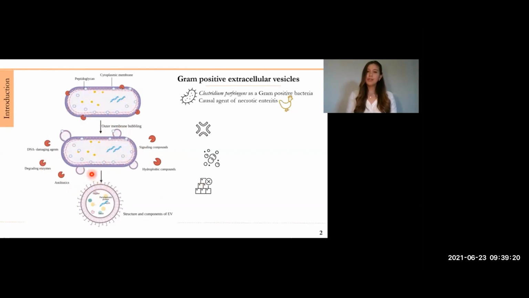Some of these factors can be DNA-damaging agents, signaling compounds, degrading enzymes, hydrophobic compounds, and antibiotics. A better knowledge of these trigger factors is important to improve extracellular vesicle production under different environmental conditions.